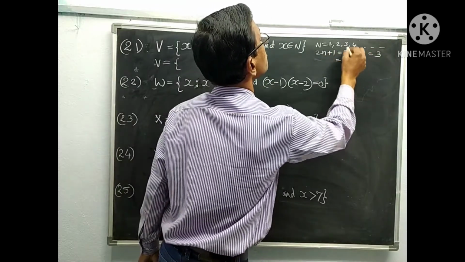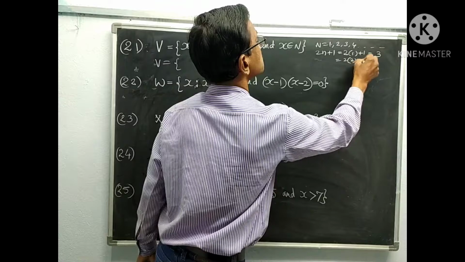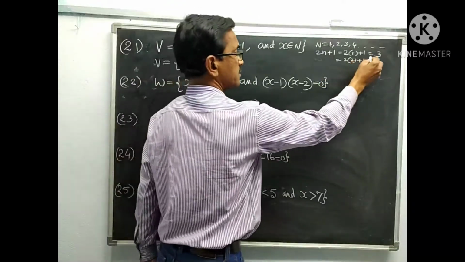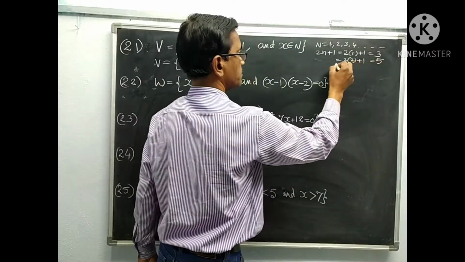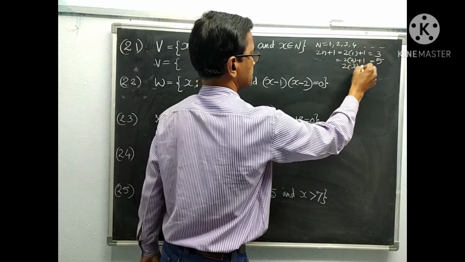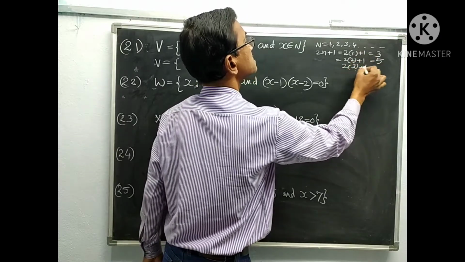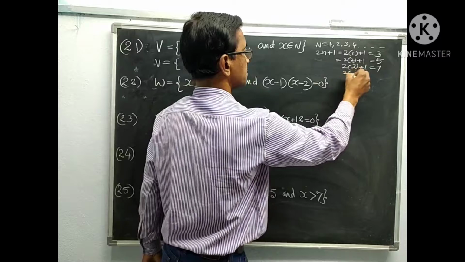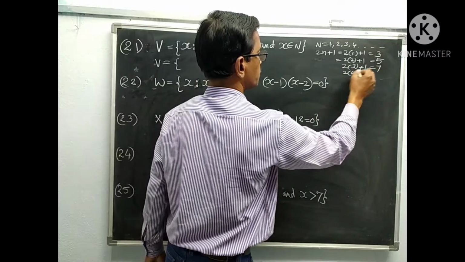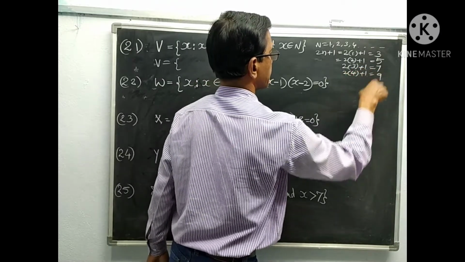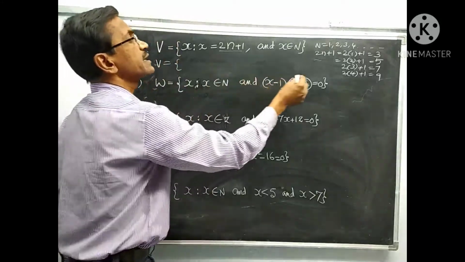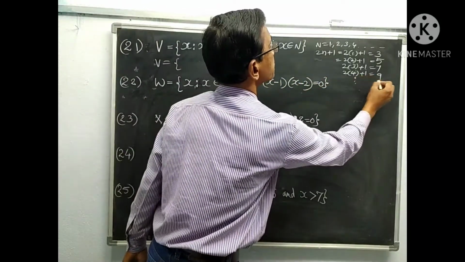If you write 2 in the place of n, 2 into 2 plus 1 is 5, 2 into 3 plus 1 is 7, 2 into 4 plus 1, 2 4s are 8, 8 plus 1 is 9. In this way, there are so many numbers.